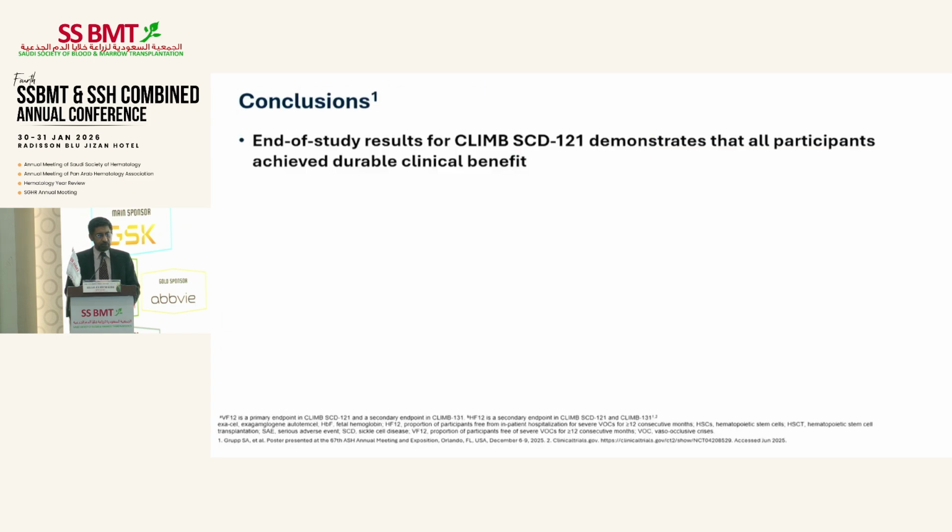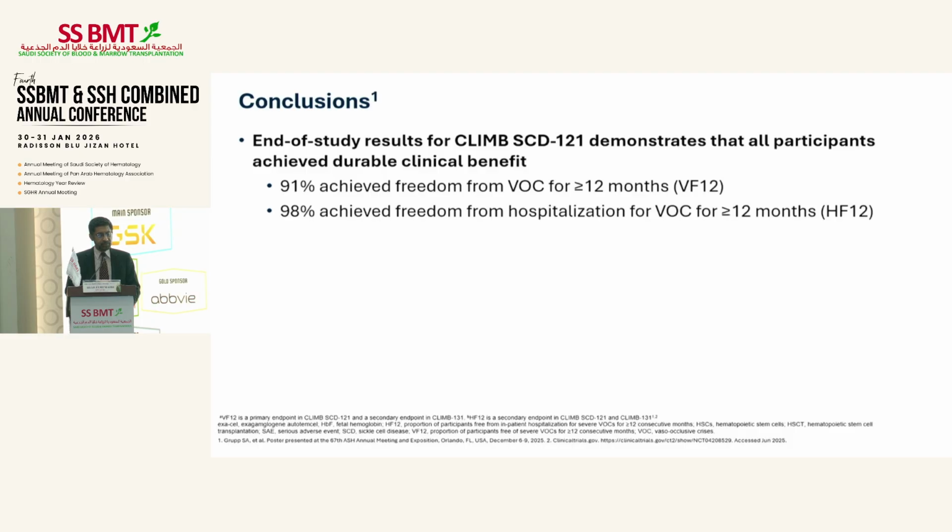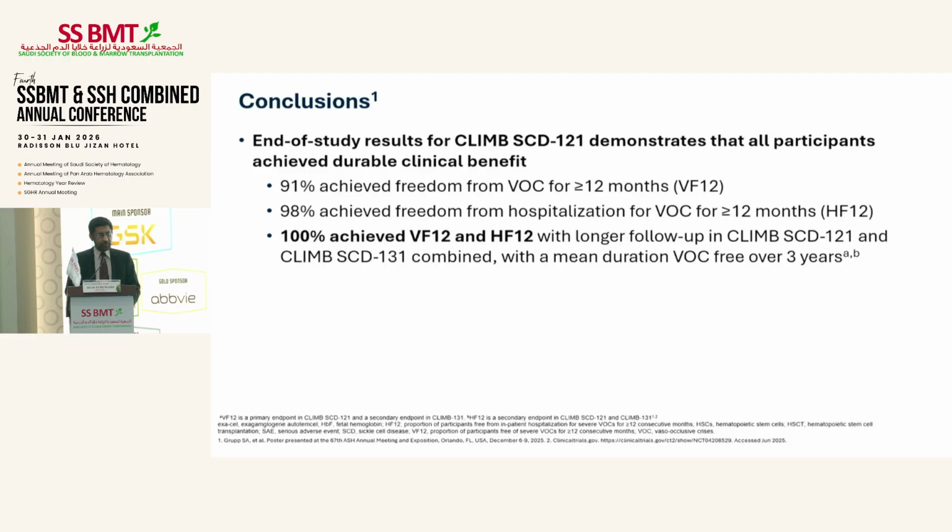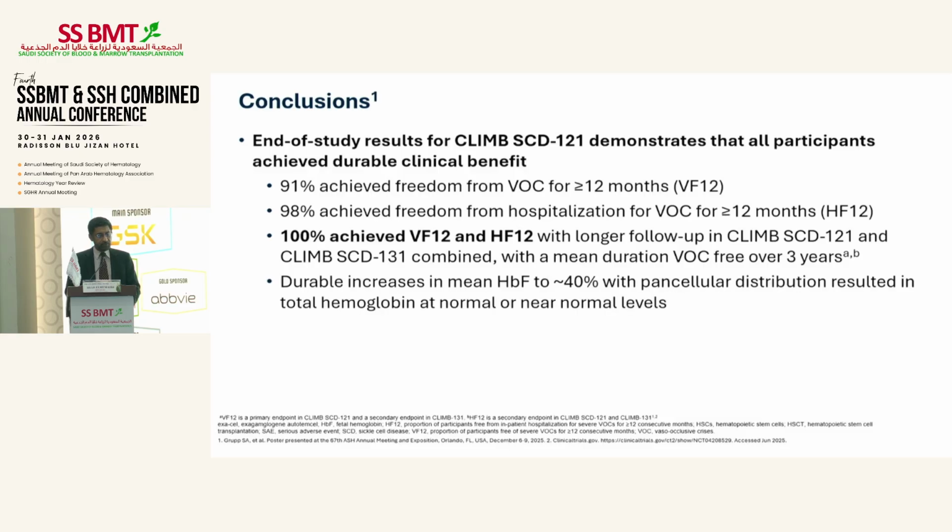So this trial concluded that 91% achieved freedom from vaso-occlusive crisis, 98% from hospitalization, 100% were actually free of vaso-occlusive crisis at the latest follow-up at 3 years. So at 3 years, everyone was free from vaso-occlusive crisis and hospitalization. It's durable.